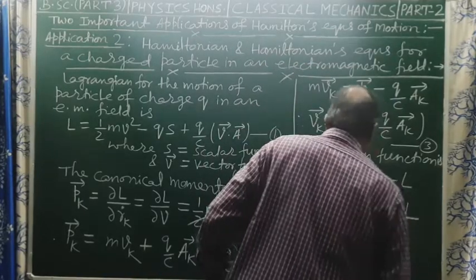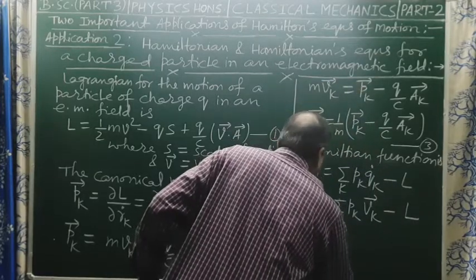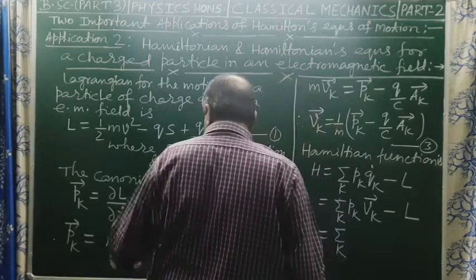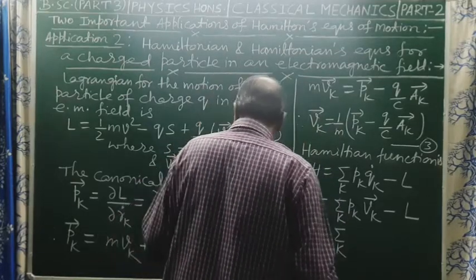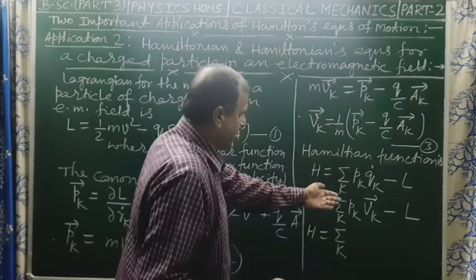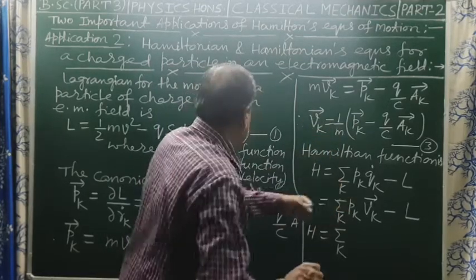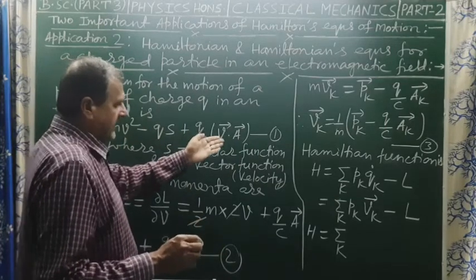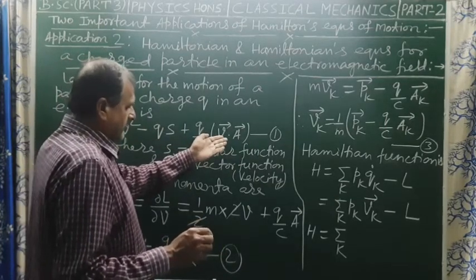minus L, the Lagrangian function. Now we have h is equal to sigma over k, pk is here m vk plus q by c ak, and vk is also here, the product of both pk and vk will be taken here, minus the Lagrangian, which is also given, 1 by 2 mv square minus qs plus q by c v vector dot A vector.